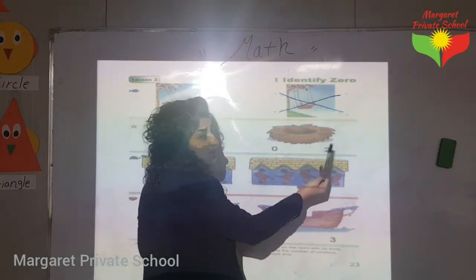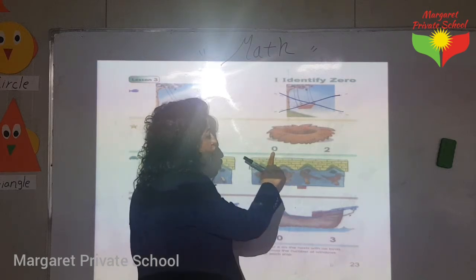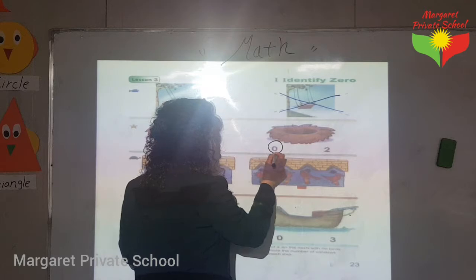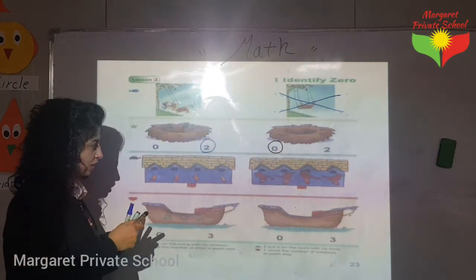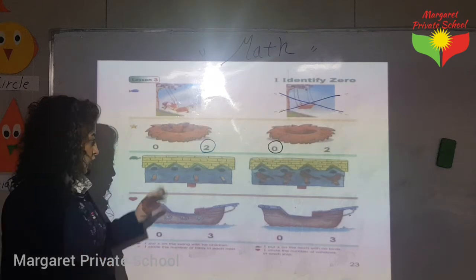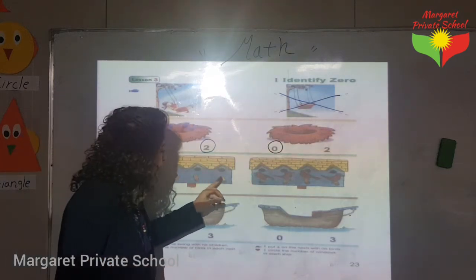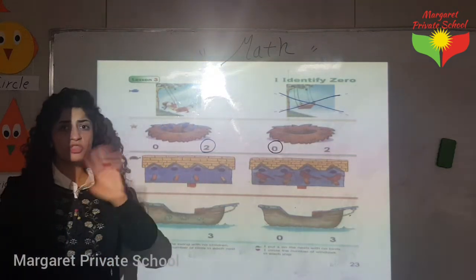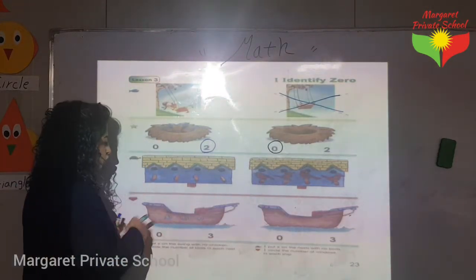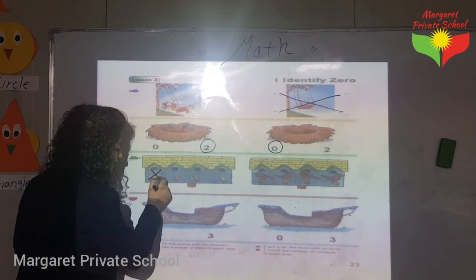We have 2 birds? No, we have no birds, so it means 0. We must draw a circle around number 0. After that, from here, how many birds? Nothing, so for each place with nothing you must write the false.